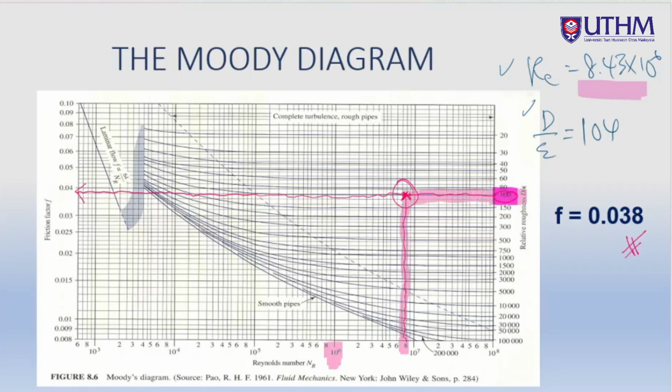So the friction factor punya value dia adalah somewhere dekat sini, dekat titik persilangan. And then untuk point ni kita akan dapat this value of friction factor, in which equal lebih kurang lah 0.038, a bit below 0.04. Senang kan?